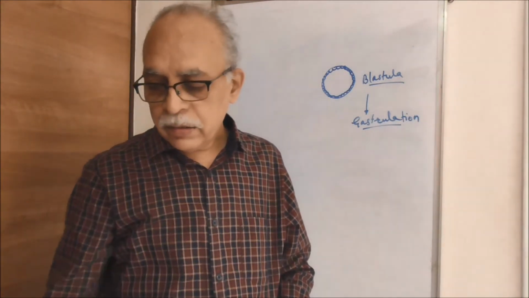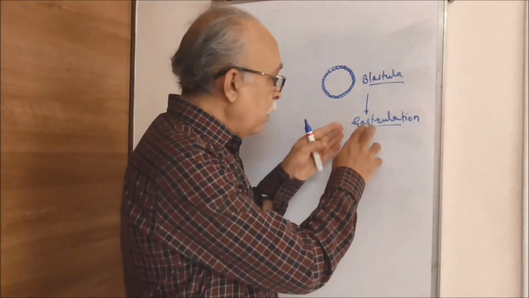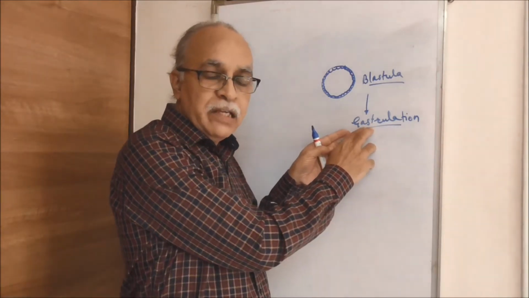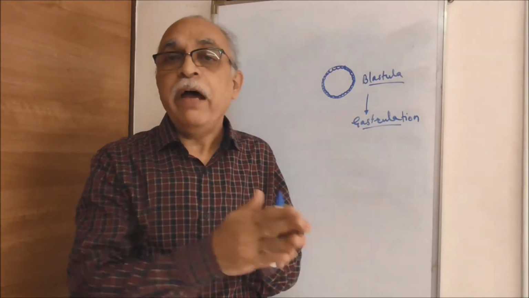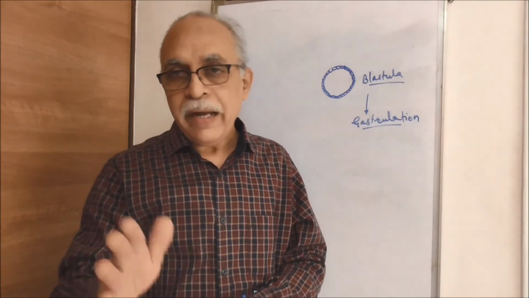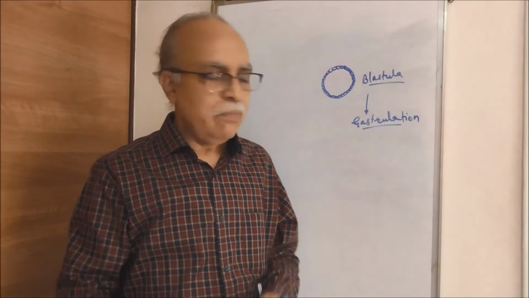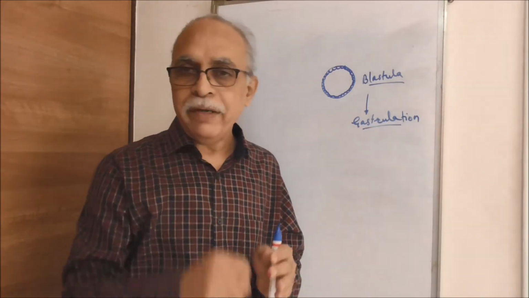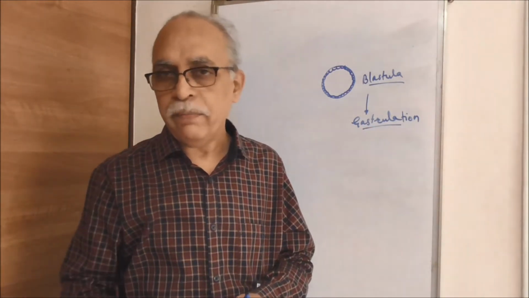See, how many layers of cells will be there in gastrula would depend upon what kind of animal it's going to develop into. Suppose if you talk about hydra, that is a cnidarian, then this would have only two germ layers, ectoderm and endoderm.